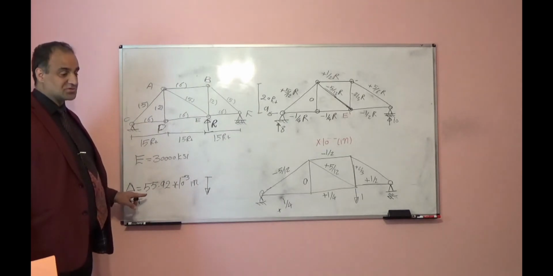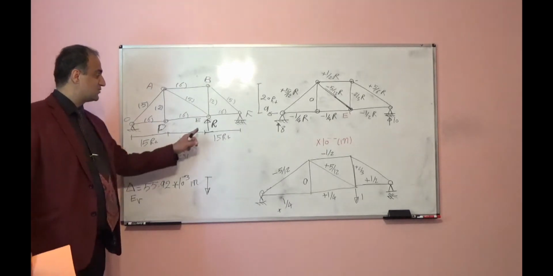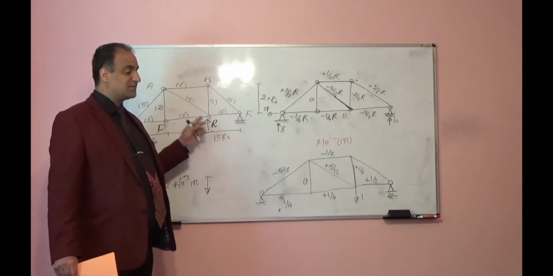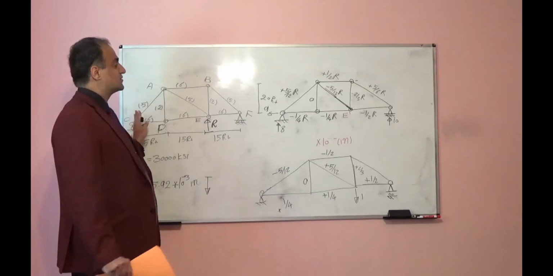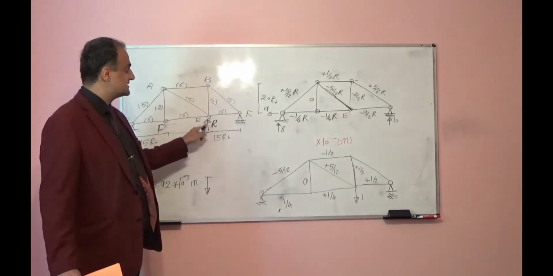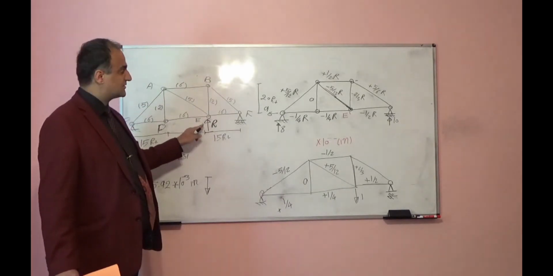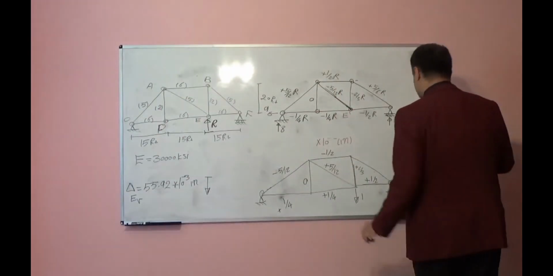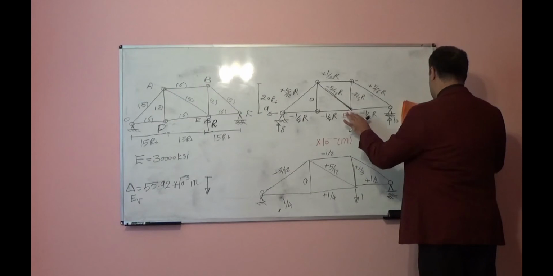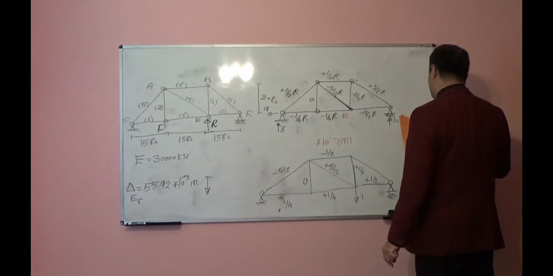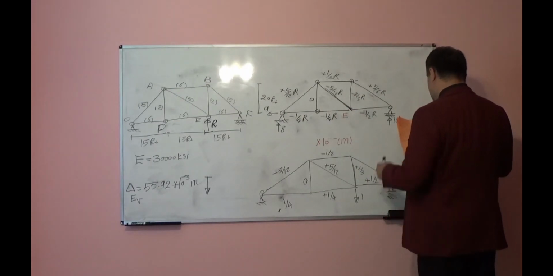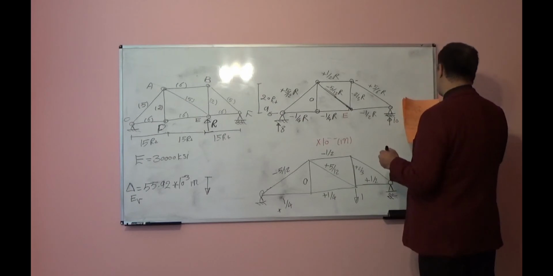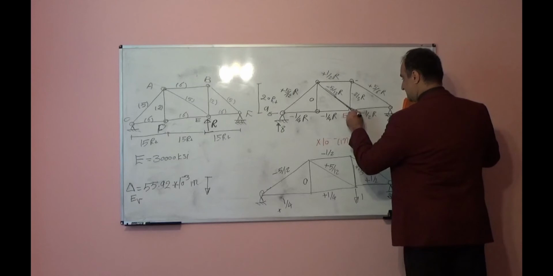So in order to calculate how much point E will move up if we apply R, first we will find internal forces in each member because of this external load reaction R in terms of R. I found that. Then after that, we will apply the unit load here.